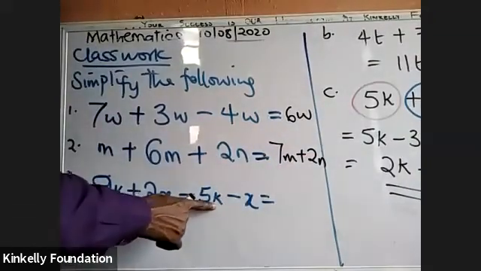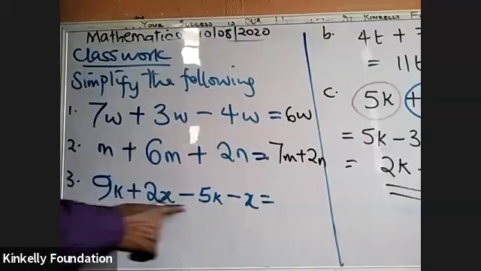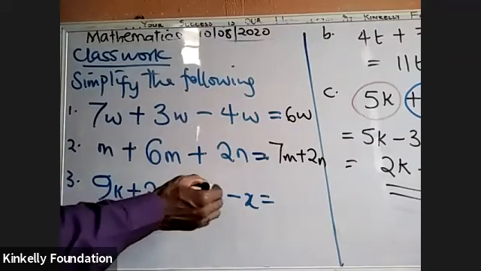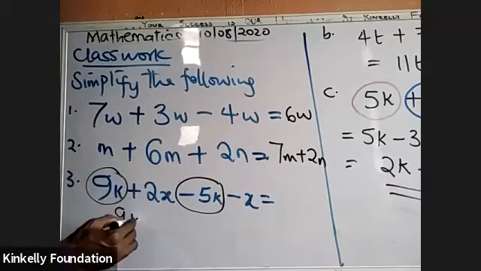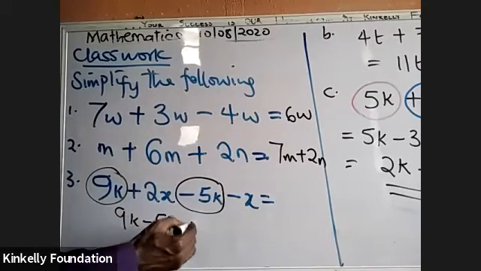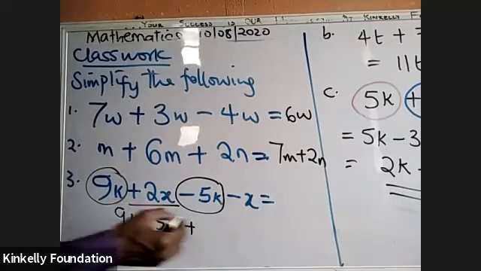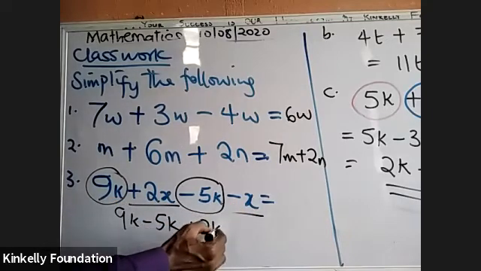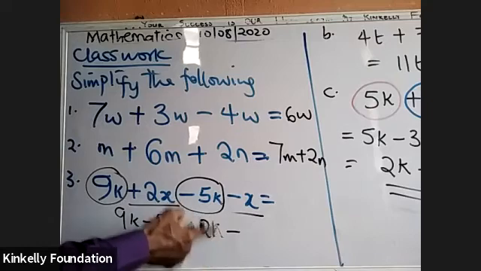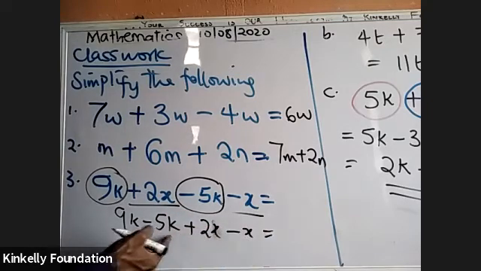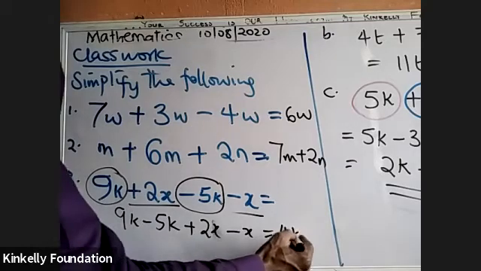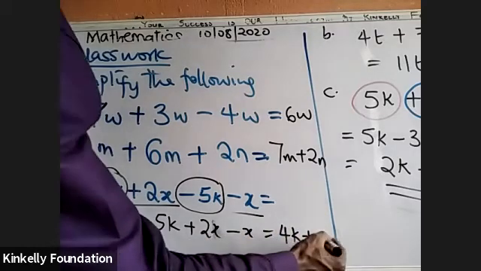These and these are like terms. 9k minus 5k plus 2k, 2x minus x to give us 4k plus x.